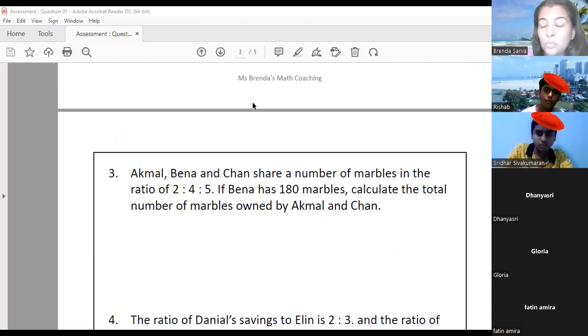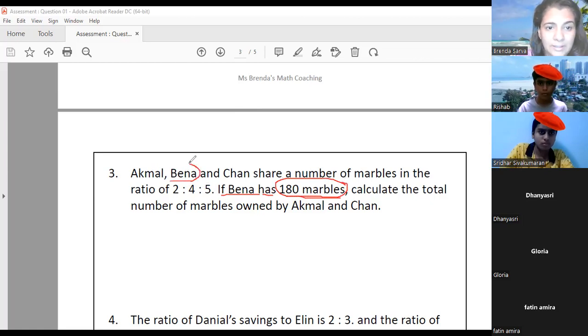That's what it means. The first person to the first ratio, the second person to the second ratio, the third person to the third ratio. Do you understand? Ratio means parts.